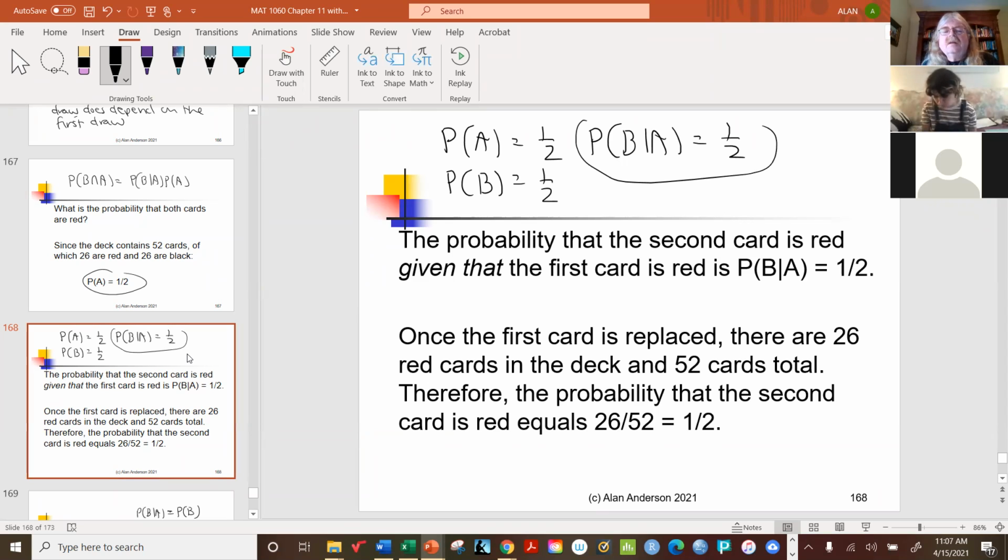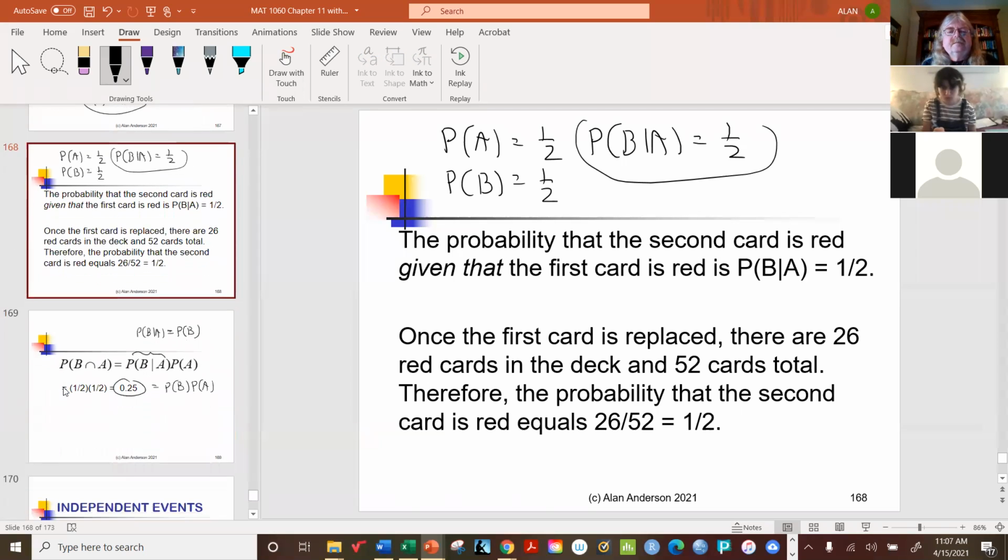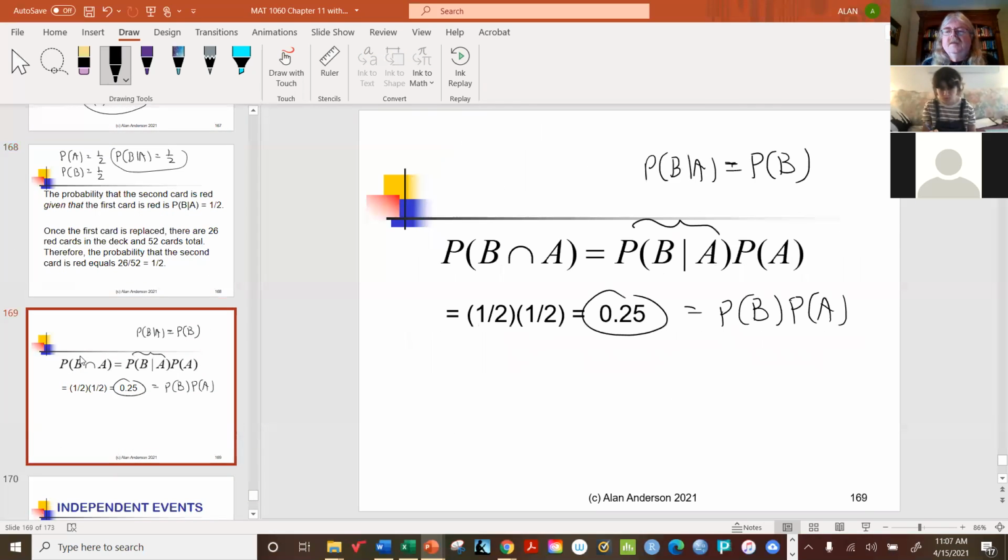So when we plug these numbers into our multiplication rule, you'll see that we wind up with, very simply, a quarter. A half times a half is a quarter. And the key to the whole thing is right here. By putting the card back, these two probabilities are the same, which is 1/2.